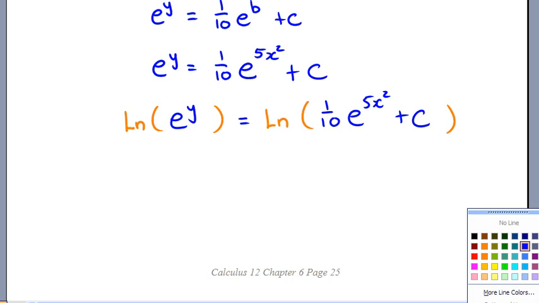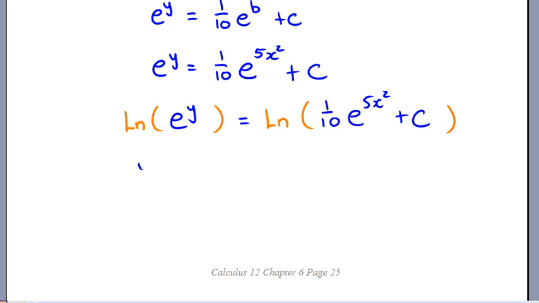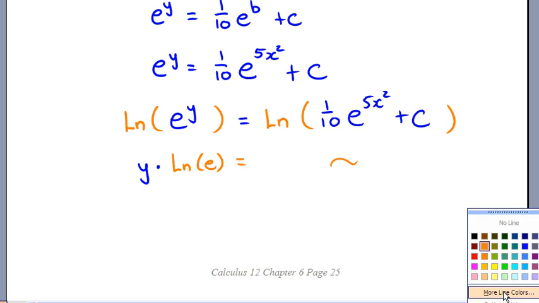Well, when I look over on that left-hand side, the y comes down, and then there would be this ln of e. But the ln of e is just 1, and it equals the same old stuff over here. So I don't have to worry about the ln of e.